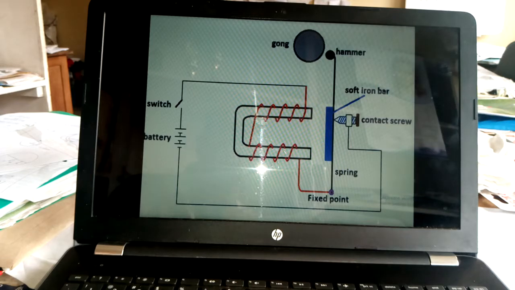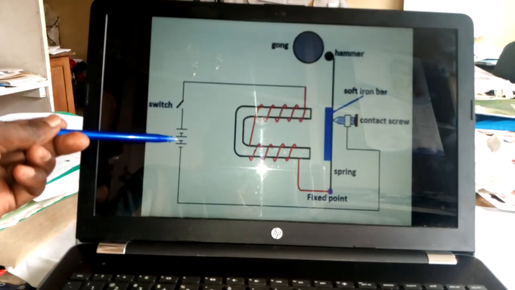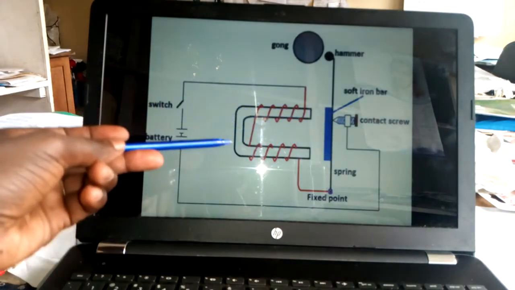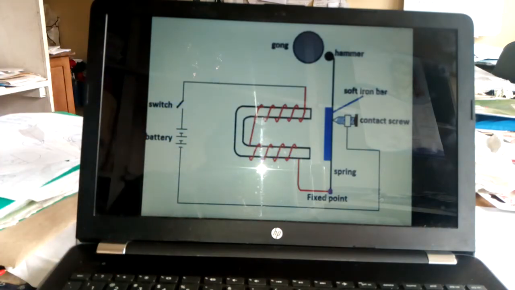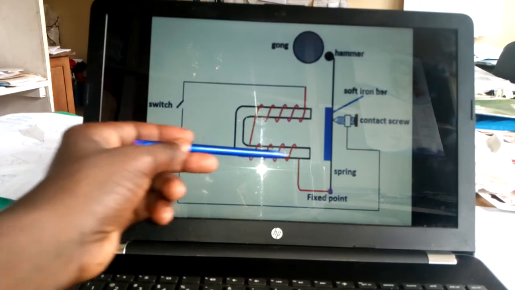It is a complete circuit. Here I have a switch, here I have a battery, here I have a U-shaped soft iron.